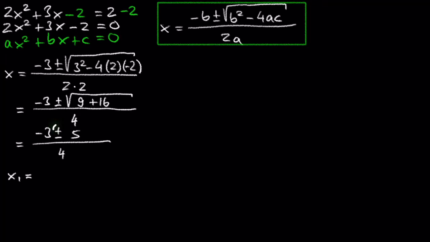Negative 3 plus 5 is 2. Two over 4 is equivalent to 1 over 2. And the second solution is negative 3 minus 5, which is negative 8.